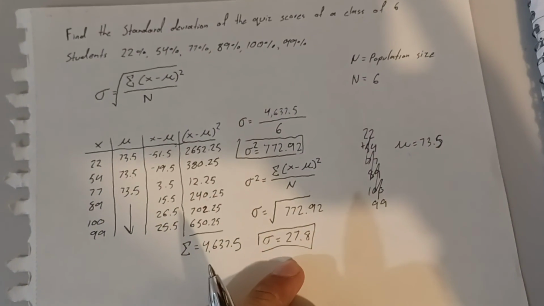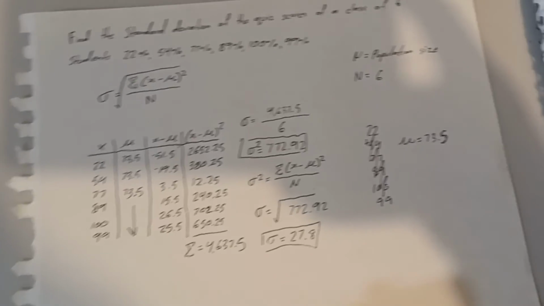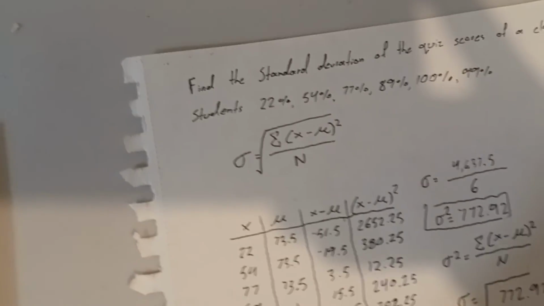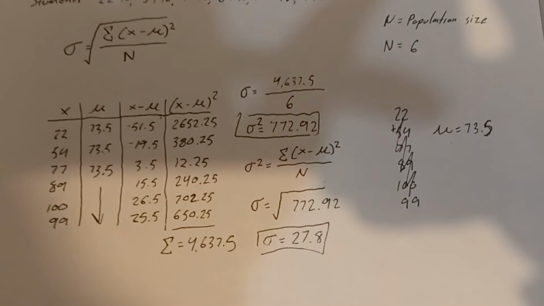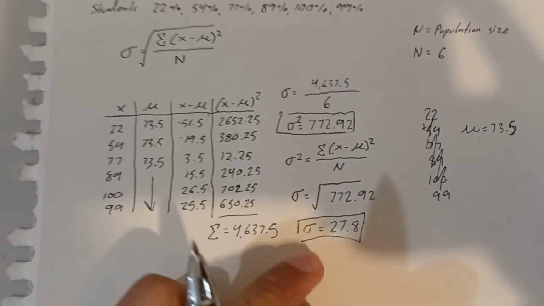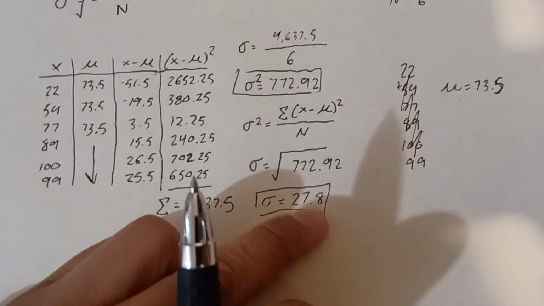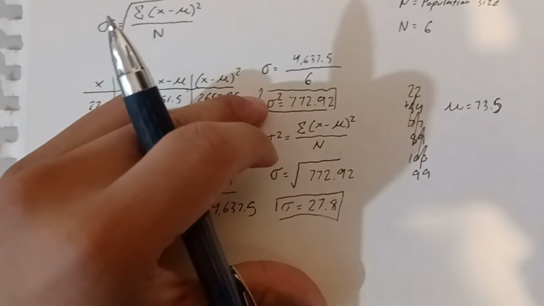That is our standard deviation. That is how many standard deviations our values deviate away from the mean, the mean being 73.25. That is how much our values deviate away from the mean. That is your standard deviation. That is your variance.